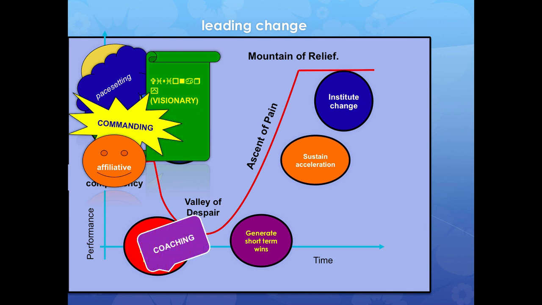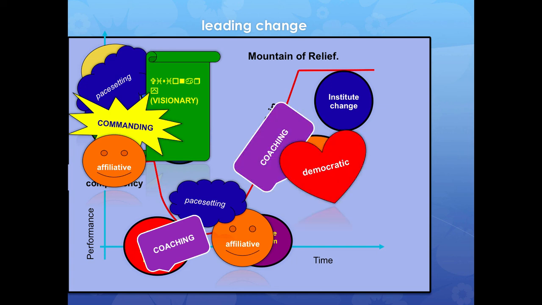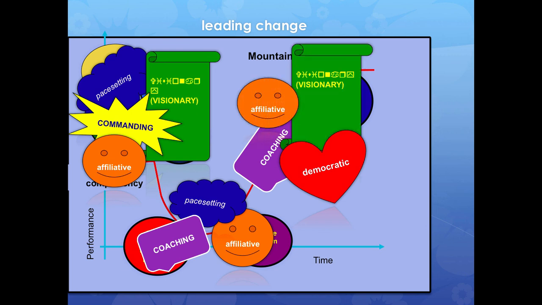So anyway, we would do the rest of the session like this, take them through the coaching, pace setting, affiliative down here in the Valley of Despair to try to get them up, coach them up, the ascent of pain, use your democratic skills there, affiliative again, and of course you need your vision the whole time, and especially at the end to make sure that what they've done is reinforced, they get credit, they feel part of it, and that you have your future vision already up and running so that the curve doesn't start going backwards.